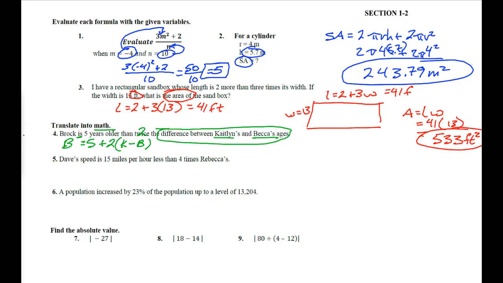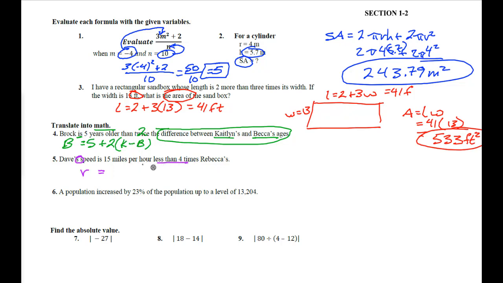Excellent. All right. Dave's speed. So S R, I'll use an R because S always looks like 5 when I draw it. So rate is 15 miles per hour less than, we've got to switch these two. Less than means subtracted from. So let me back up just a little bit.